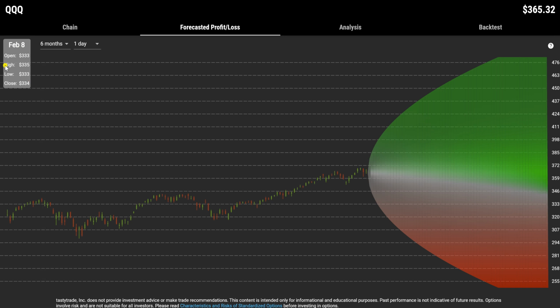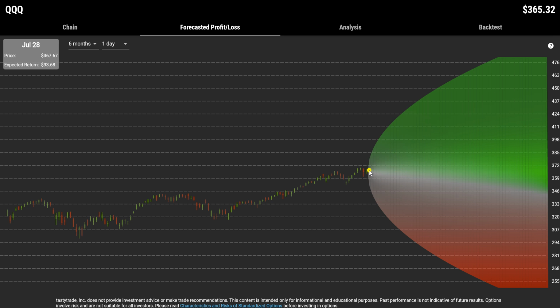You can see the date, open, high, low, close up in here as you hover over each candle. And then this cone here is a theoretical view of whether you are going to be making money or losing money.